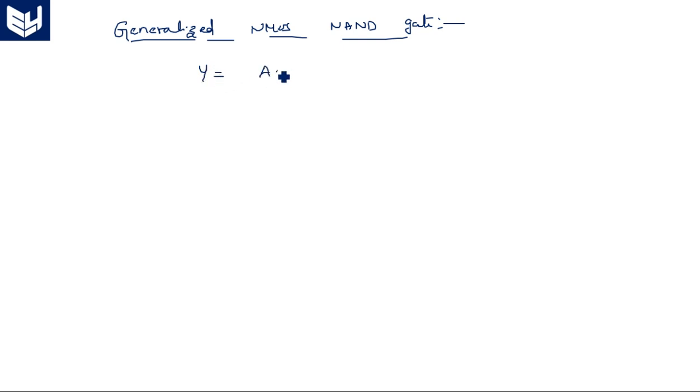Now let us see the generalized structure of the NMOS NAND gate. In the generalized structure, we consider n number of inputs. So y is equal to A dot B dot C and so on, n number, whole bar.